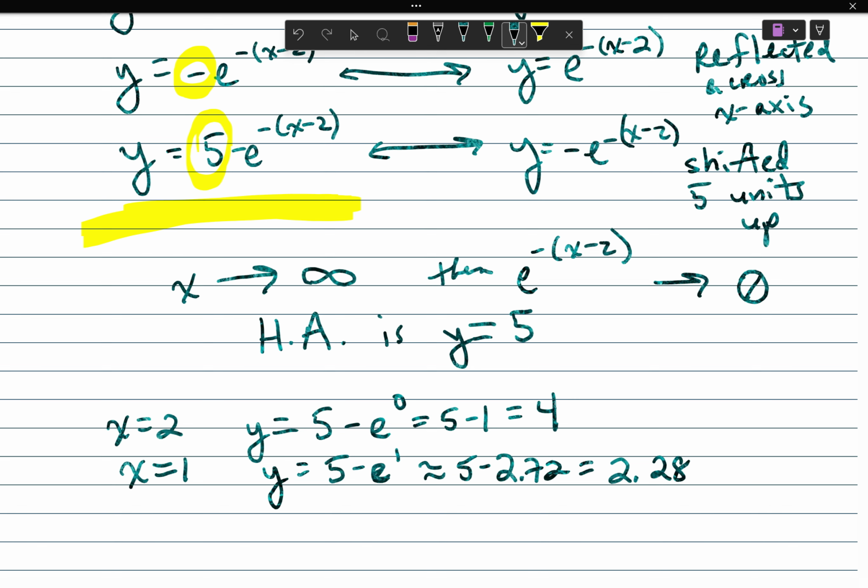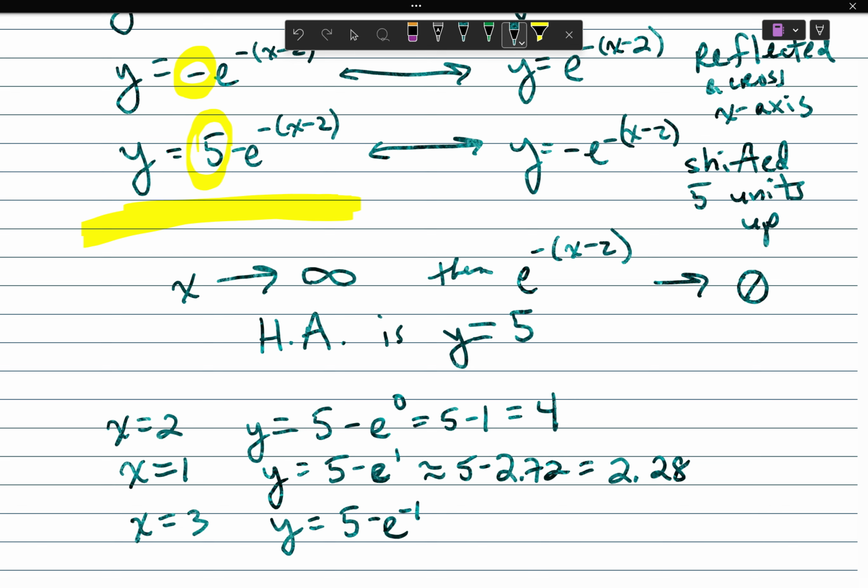All right, I'll just do one more. When x is equal to 3, y is equal to 5 minus e to the negative 1 power. When x is 3, you have 3 minus 2 is 1, then the negative on the outside of the parentheses, so negative 1, so e to the negative 1 power.